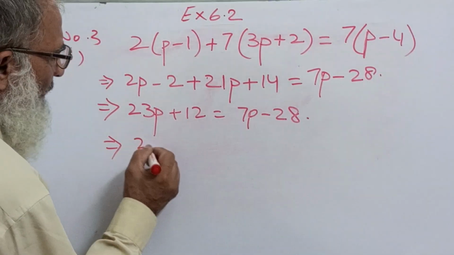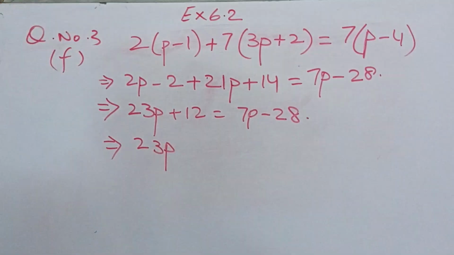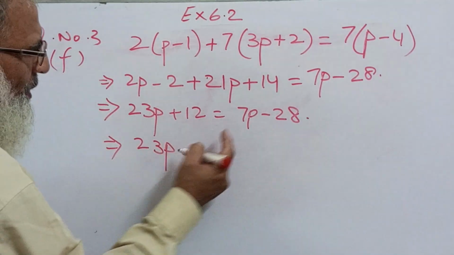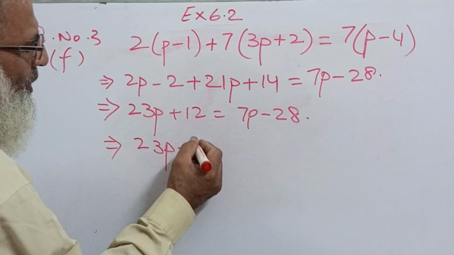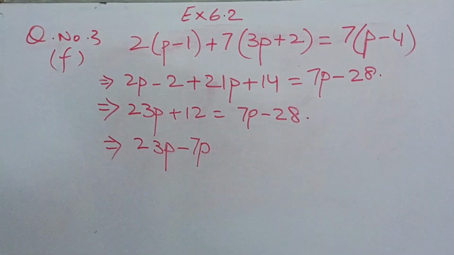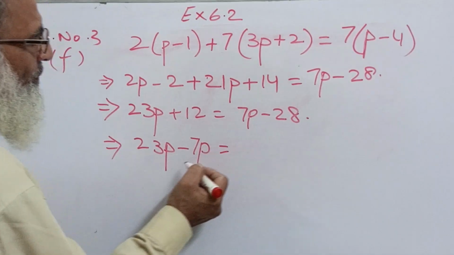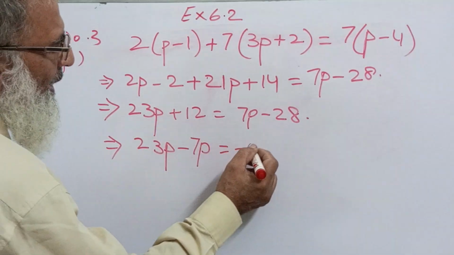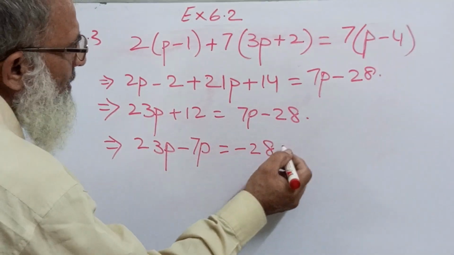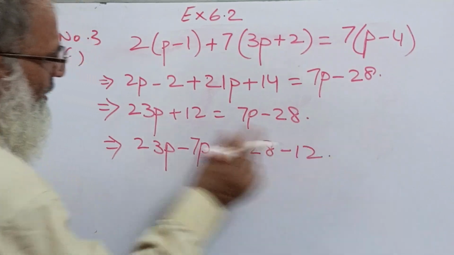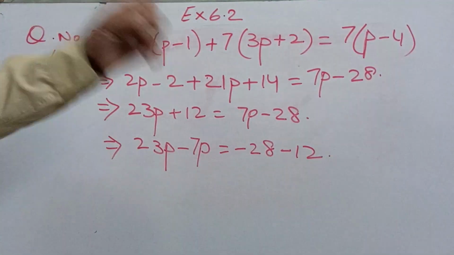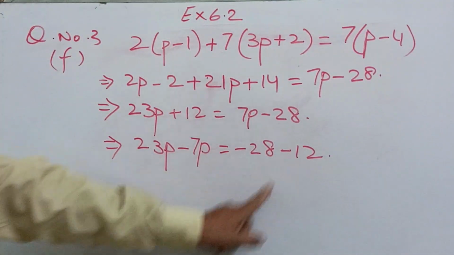So it will become 23p minus 7p. Here it is plus 7p, so it will become minus 7p when it changes its sign, equal to minus 28 minus 12. Because from here, when it goes to that side, it will change its sign to minus.